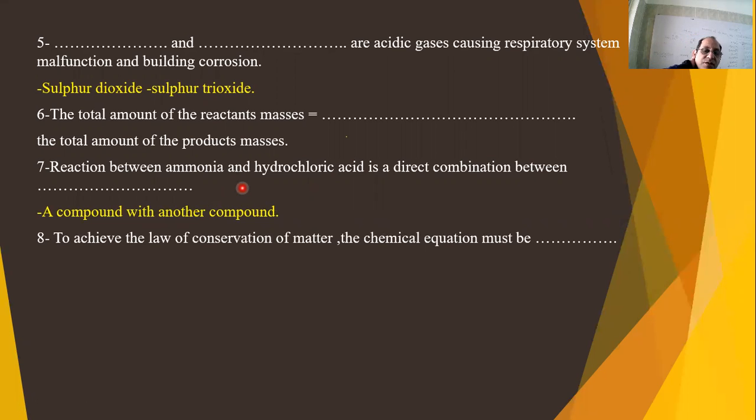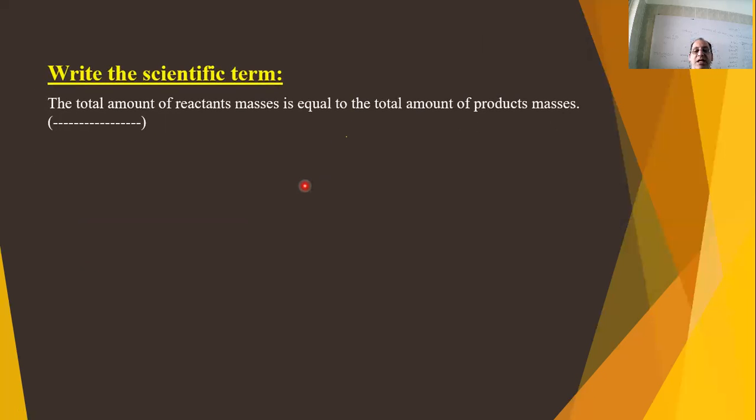To achieve the law of conservation of matter, chemical reaction, we agreed, must be balanced. Right, the scientific term: total amount of reactant masses equal total amount of product masses. That's the law of conservation of matter or of mass.